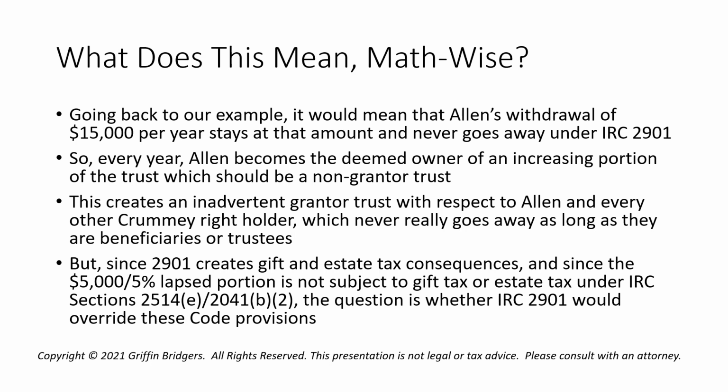But since Code Section 2901 creates gift and estate tax consequences, and since the lapsed portion of the $5,000 or 5% is not subject to gift or estate tax, the question is whether Code Section 2901 would override and disregard that lapsed $5,000 or 5% portion.